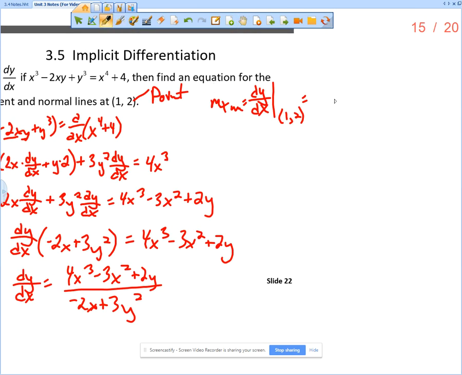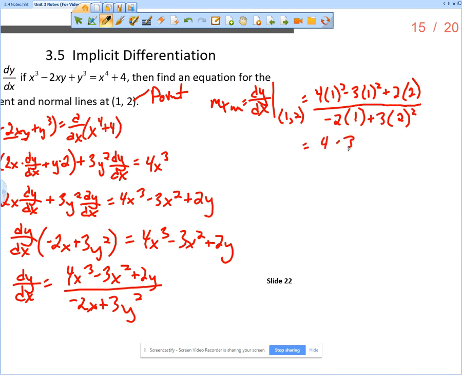If x equals 1, I'm going to take 4 times 1 cubed minus 3 times 1 squared plus 2 times 2. Remember, the y value is 2. Then divided by negative 2 times 1 plus 3 times 2 squared. That's dy/dx, and now I'm just going to deal with that.